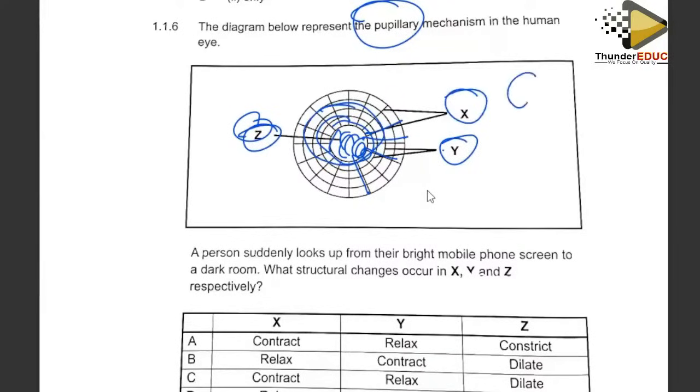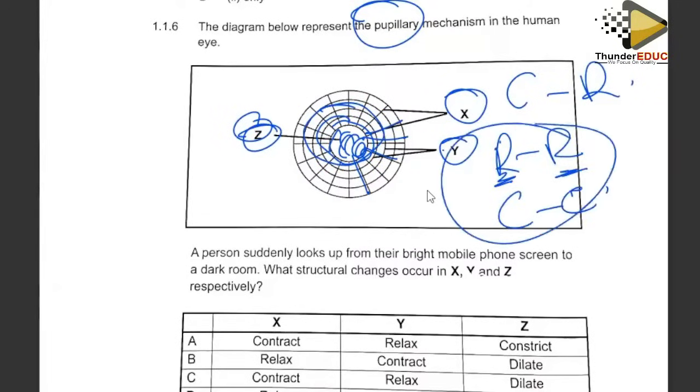Remember, we have the circular muscles and the radial muscles. So if you have R with the R, the radial muscles relaxing, and then with the C, this is bright light. If you have R with the C, C with the R, it is dim light. That's when you mix things up.